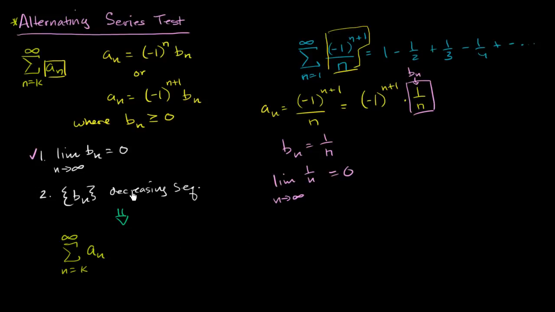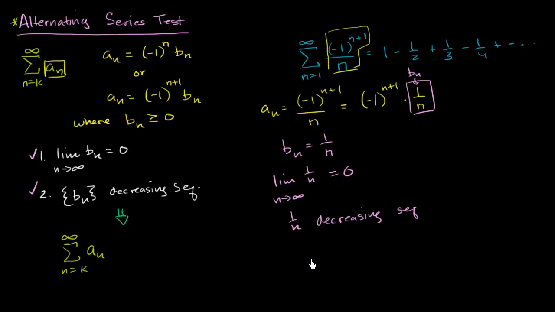And then this is clearly a decreasing sequence. As n increases, the denominators are going to increase. And with a larger denominator, you're going to have a lower value. So we can also say 1 over n is a decreasing sequence for the n's that we care about. So this is satisfied as well.